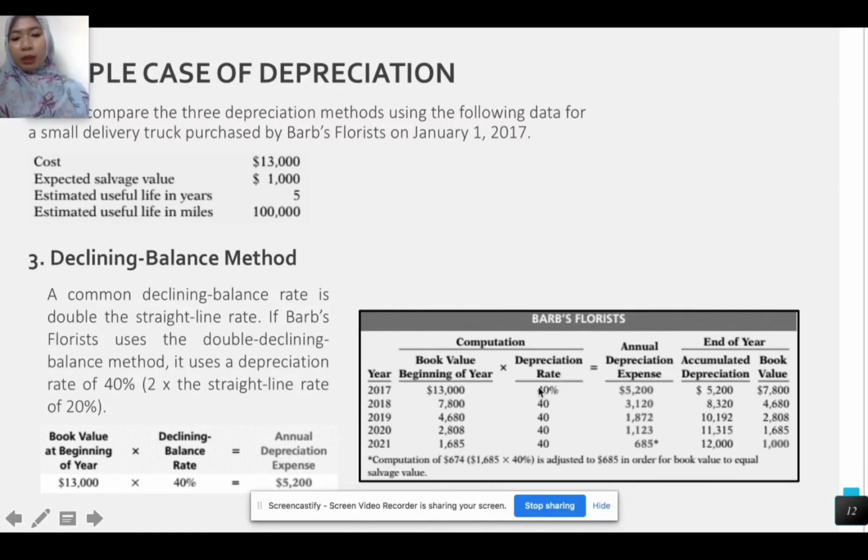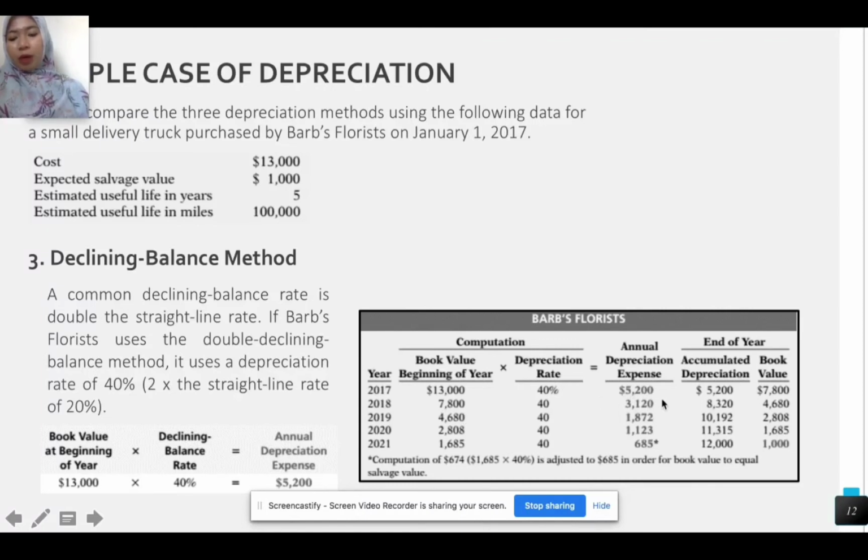The depreciation rate is the same for every year, from the first year until the last, that is 40%. The annual depreciation expense for the first year is $13,000 multiplied by 40%. So it is $5,200.